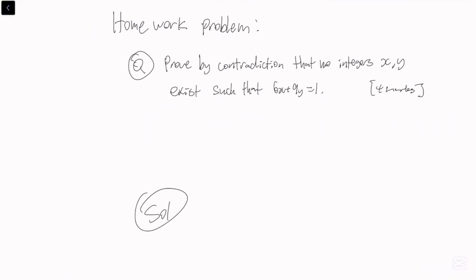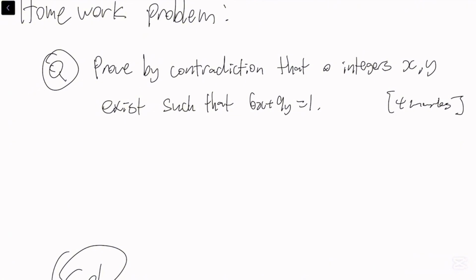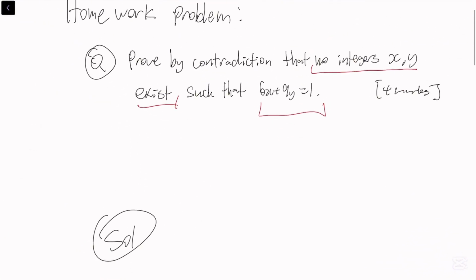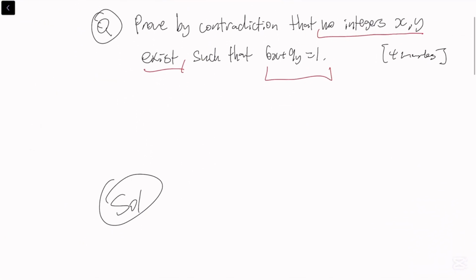We want to prove that no integers x and y exist, such that 6x plus 9y is 1. So we have to prove the opposite: that integers x and y exist, so 6x plus 9y is equal to 1.